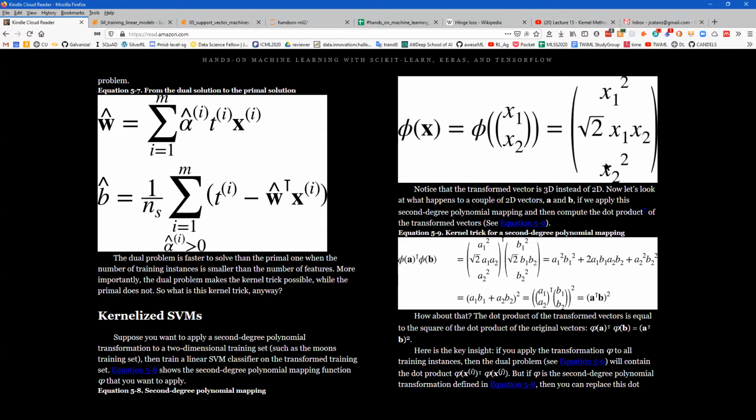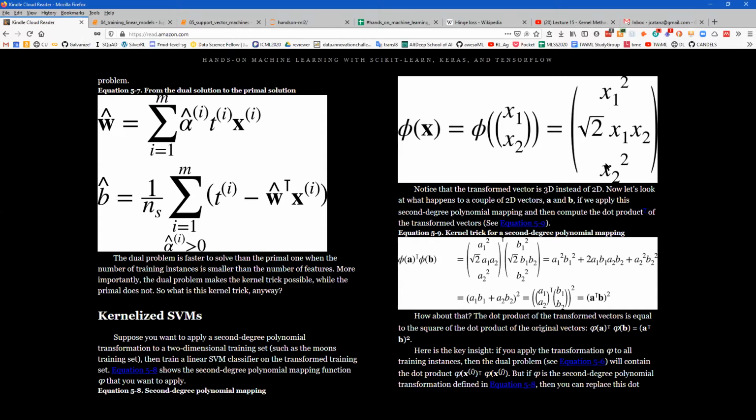In fact, one of the interesting things pointed out in other lectures is that when you take the dot product, the computational efficiency of (A transpose B) squared is linear in the number of terms in A or in B. Whereas if you did the transformation, it is of the order of n square. Meaning if you have x1 and x2, it's 4 terms.